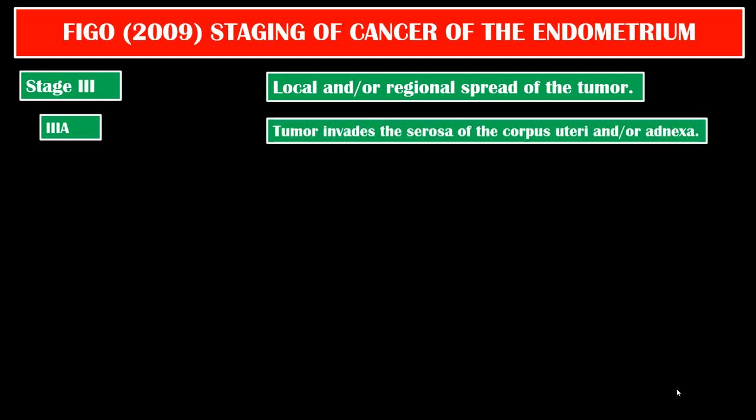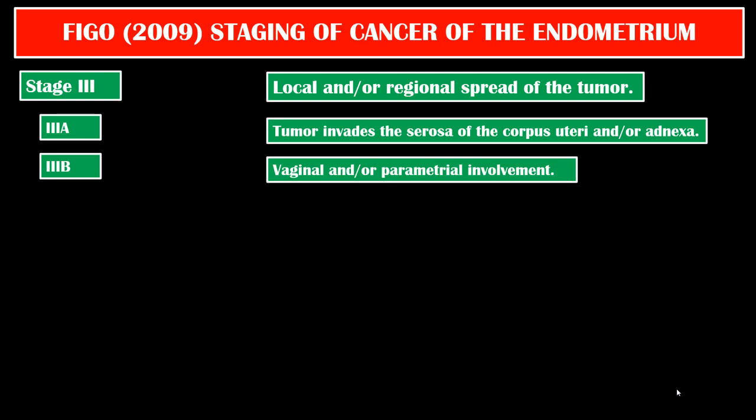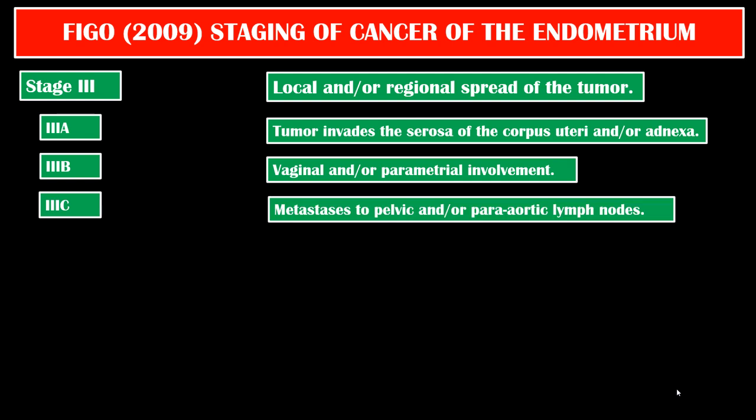Tumor invades the serosa of the corpus uteri and or adnexa. 3B. Vaginal and or parametrial involvement. 3C. Metastasis to pelvic and or para-aortic lymph nodes.